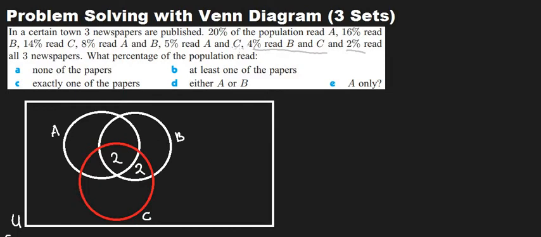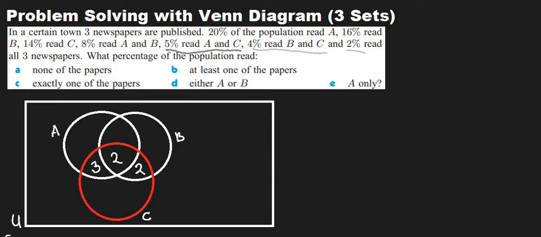Now we go this way. 5% read A and C. So we go A and C, the intersection between A and C here. This one we should have 5%, taken 2% over here, so the remaining we have 3%.